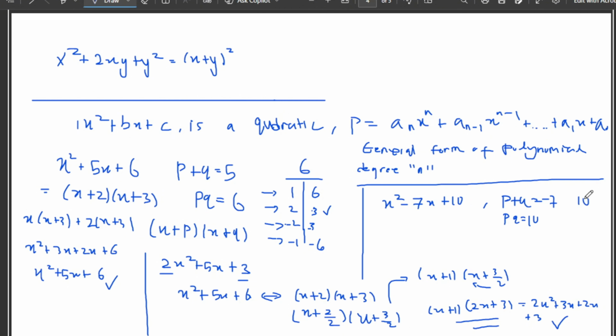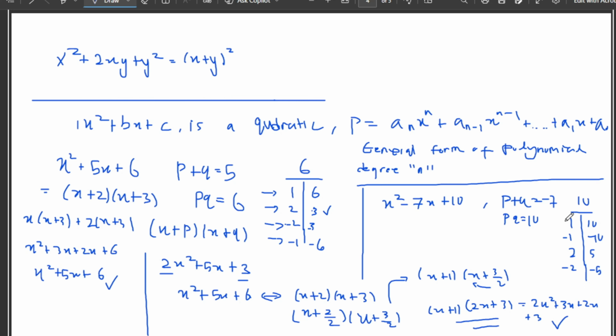Well, we need to find all possible multiplications of 10, let's start from 1: 1 times 10, negative 1 times negative 10, 2 times 5, and then negative 2 times negative 5.